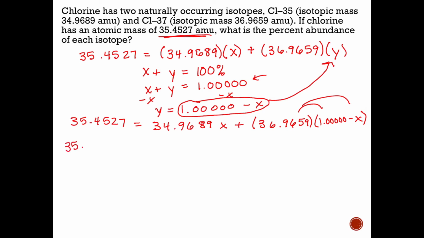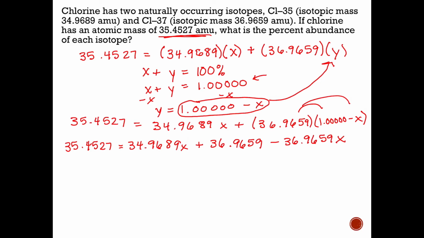So we get 35.4527 equals 34.9689x plus 36.9659 minus 36.9659x. So then you can go through and just solve this like you would any other system of equations, right?